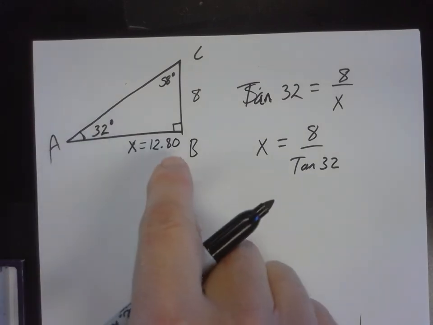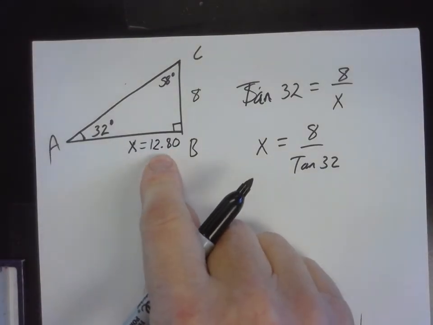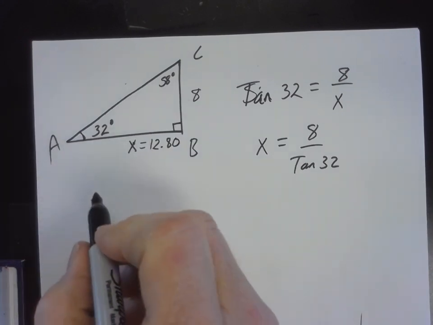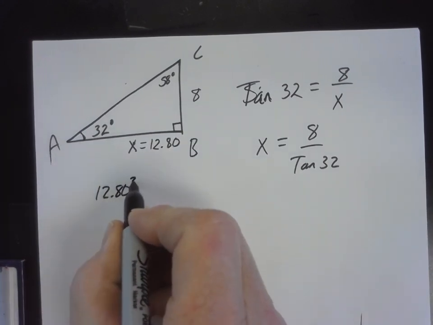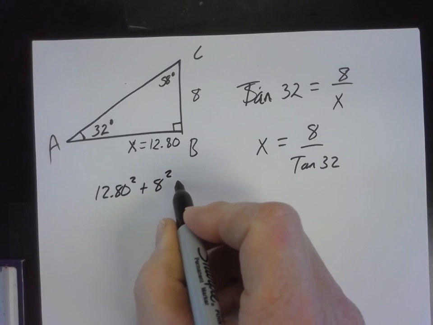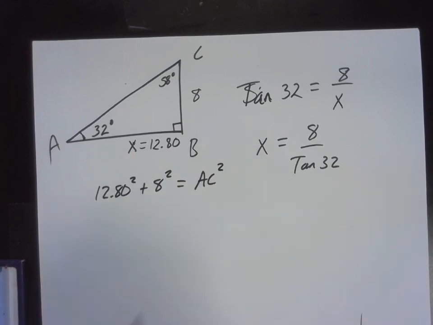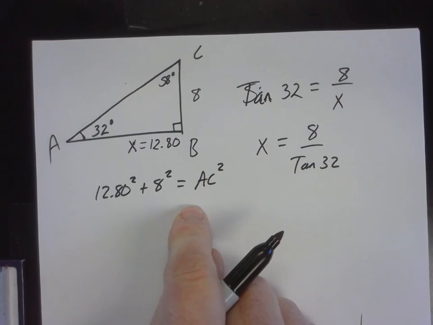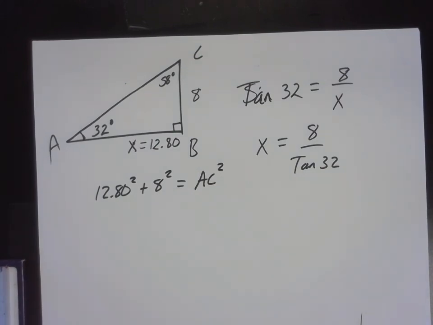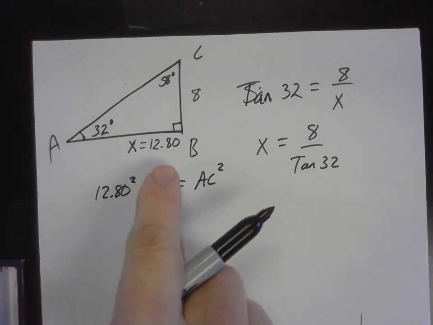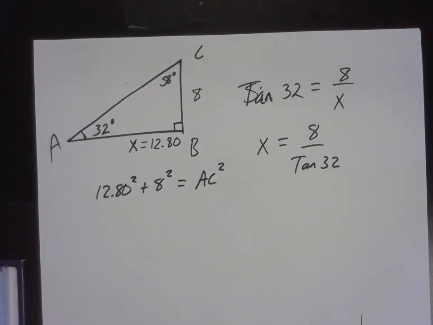If I use this number that I just rounded off to 2 decimals, 12.80 squared plus 8 squared equals AC squared. How accurate will this answer be? Right? 1 decimal. We rounded this one off to 2 decimals, we use it in another computation, that new answer has only 1 decimal point of accuracy.